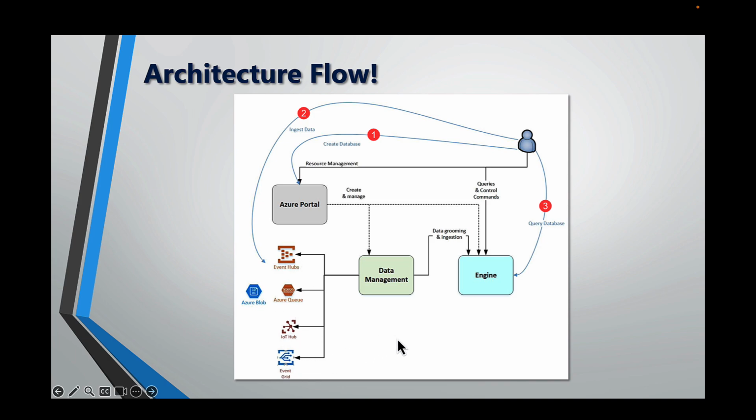There are a variety of services from where you could get the near real-time data. That's what you could use. The data management part of the Azure Data Explorer service helps you to manage and create those resources and everything. Technically, it's a cluster which is running in the background. It is abstract for us. You just get an interface to work on and analyze the high volumes of data.